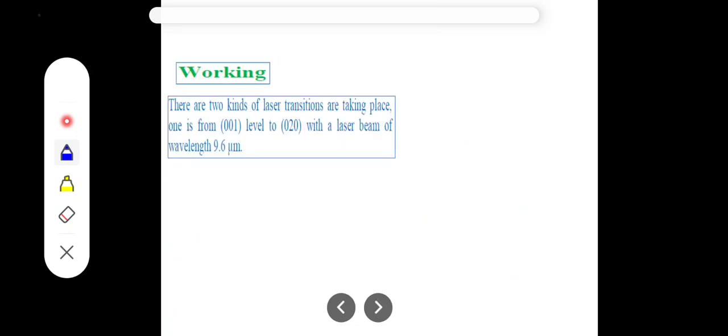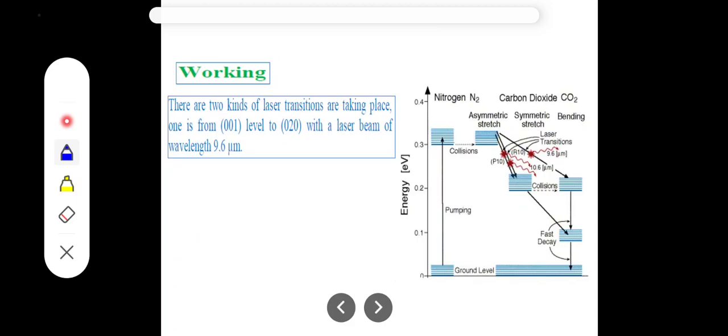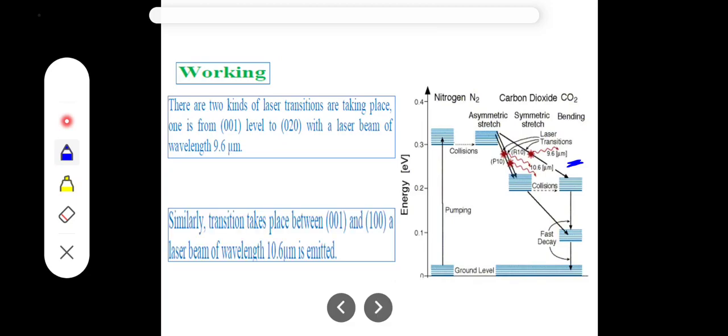One transition is from the 001 level to the 020 level, producing the 9.6 micrometer laser beam. Another transition takes place between 001 and 100, producing the 10.6 micrometer laser beam.